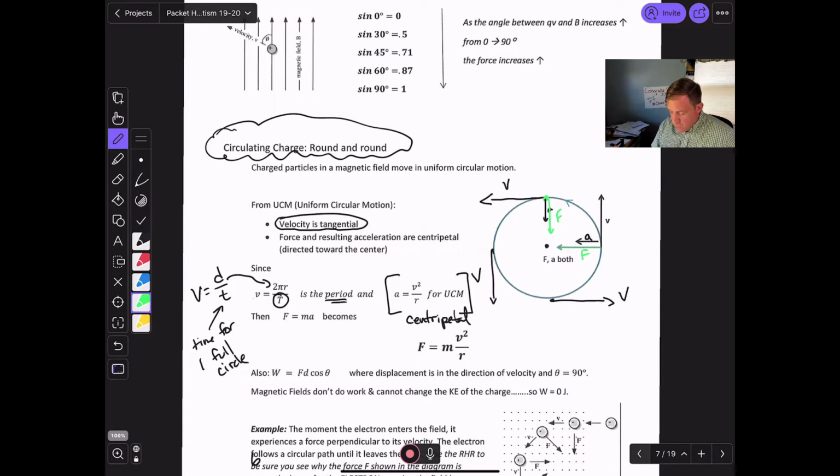Okay, so when you take Newton's second law, which is not new to us at all, it applies to things moving up, down, left, right, even on diagonals. But essentially, when you take m times this a, you get a centripetal force formula: F equals m times v squared over r.